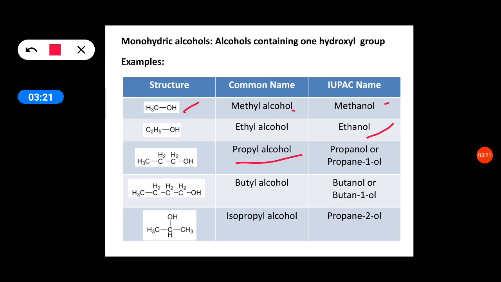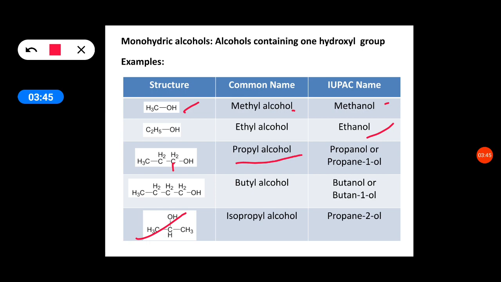OH group is there, so suffix propanol. Or we can write propane 1-ol. The carbon which is bearing the hydroxyl group is given number 1, therefore it is propane 1-ol. If the number is skipped also, it is okay, and it shows the hydroxyl group is present on first carbon.